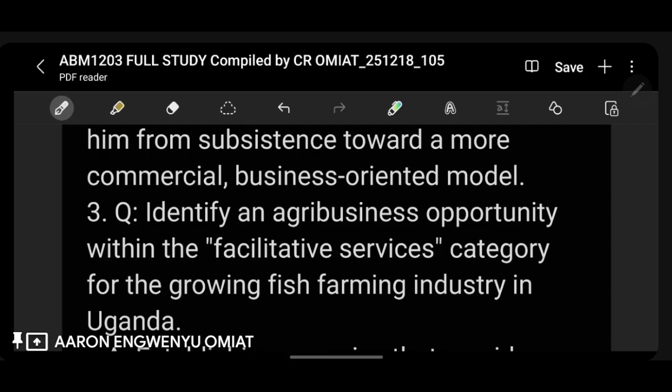Reason being, fish farms require so many things like feeds, chemicals, and moving the fish from the ponds to the lakes. All that takes place in transportation, although it's not the only service that can be carried out. For example, there are people who offer fish feeds themselves. That's a service which can be put there.